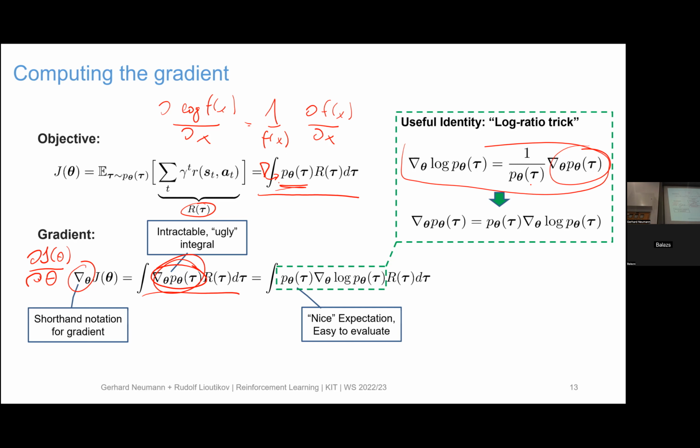Why is it an expectation? Yes? There's a density and some function, exactly. Density and some function. Some function, again, depends on the density, but that doesn't matter.